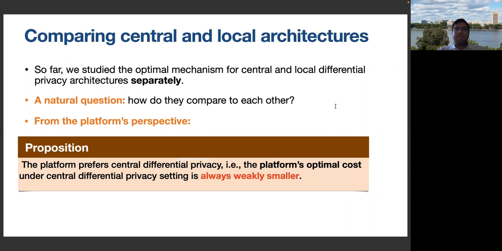That's correct. But we are restricting ourselves to a class of estimators. Locally differentially private linear estimators are not necessarily equal to a linear estimator in the central case with the Laplace mechanism.